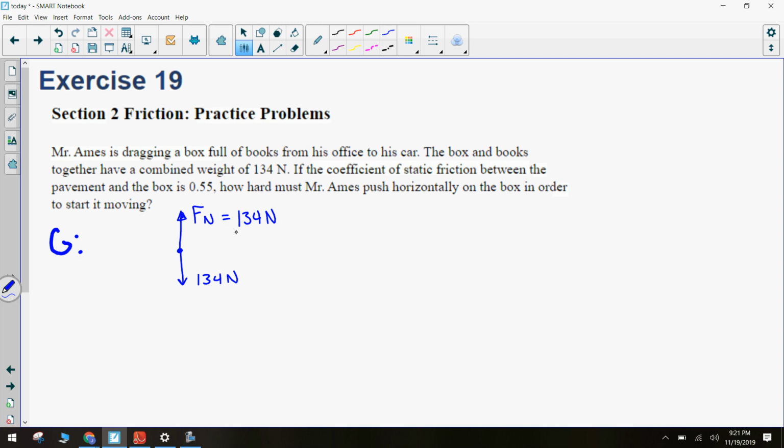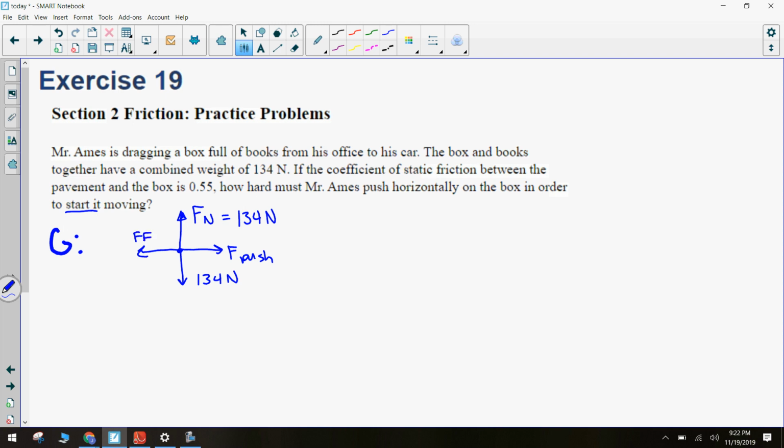Okay, so now we're going to be pushing. Mr. Ames is going to push on the box, and something's going to be pushing back, because if he's pushing but the box isn't moving yet, that means there has to be a friction force going the other way.